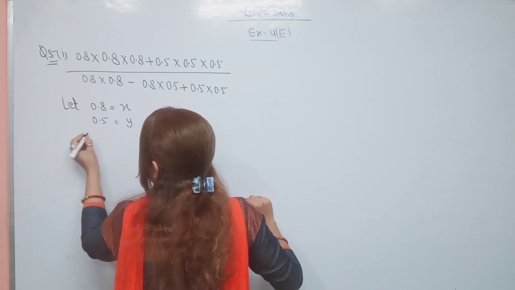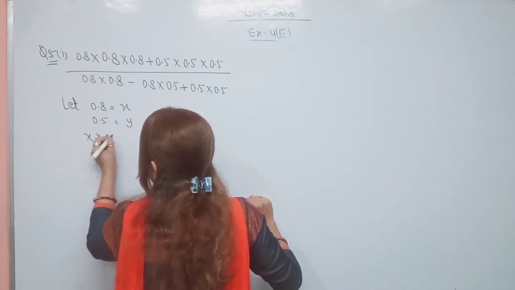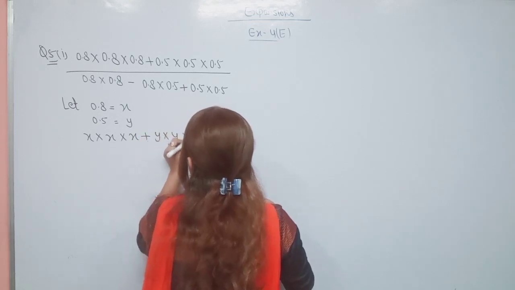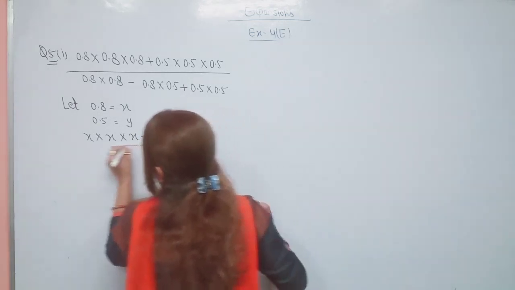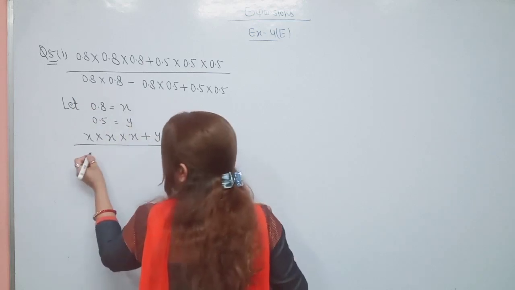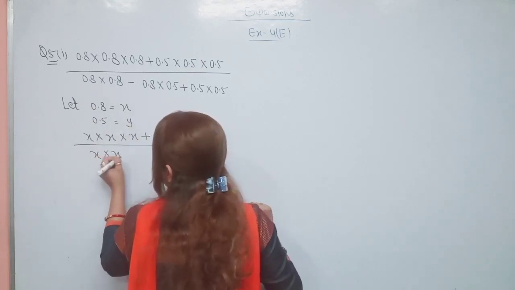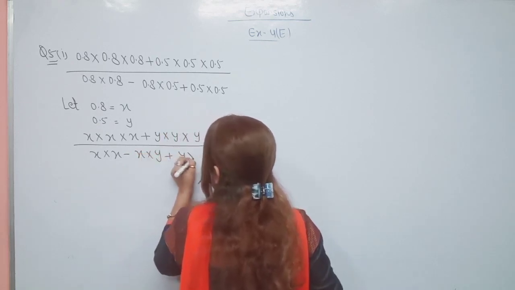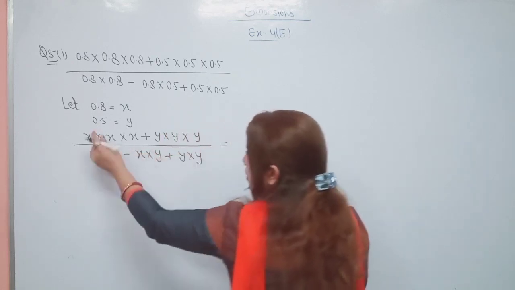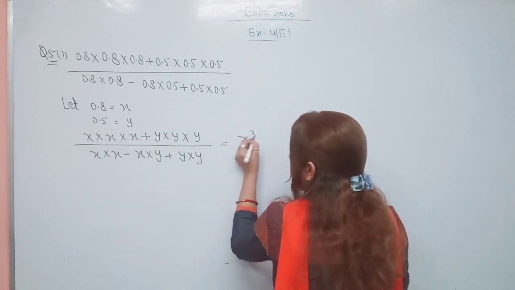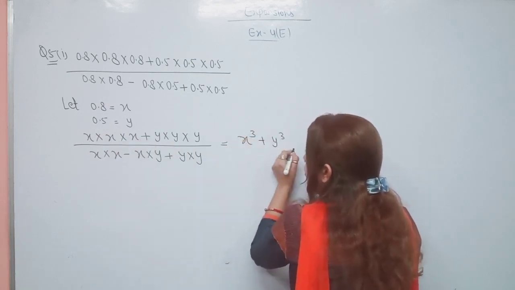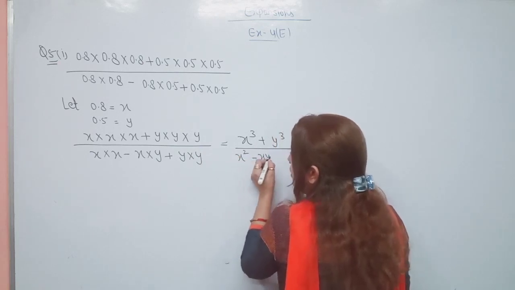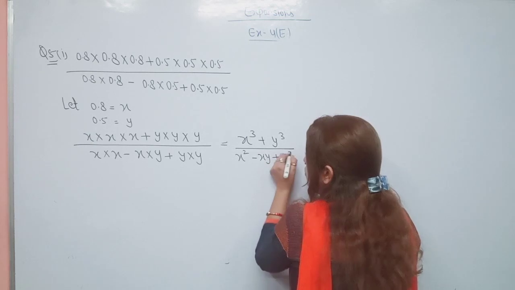So it will be x·x·x + y·y·y upon x·x − x·y + y·y. So this is x three times, so x³ + y³ upon x² minus xy, and y two times, so y².